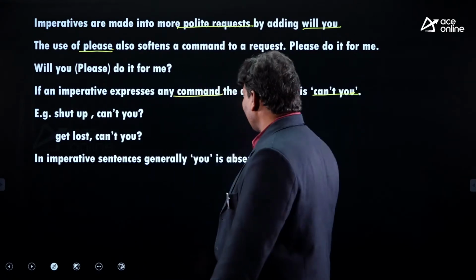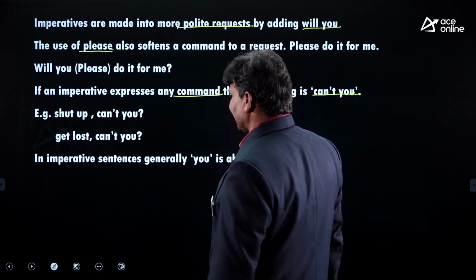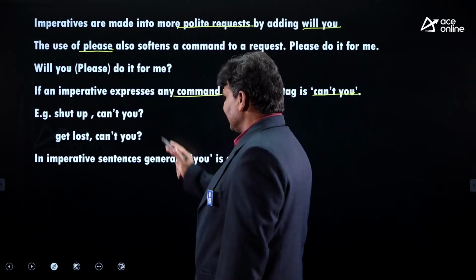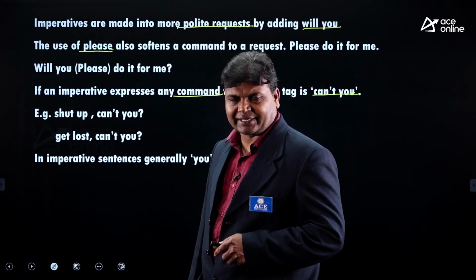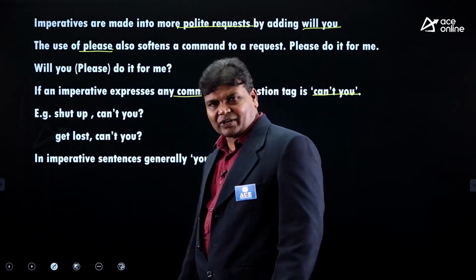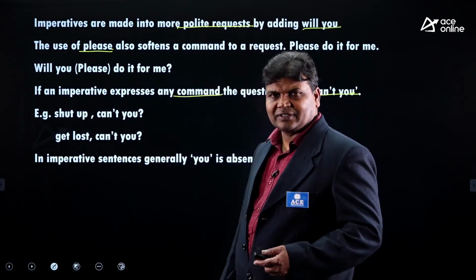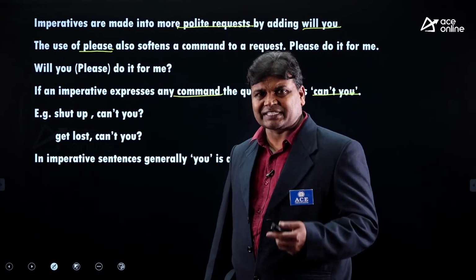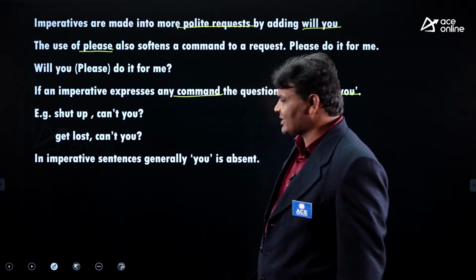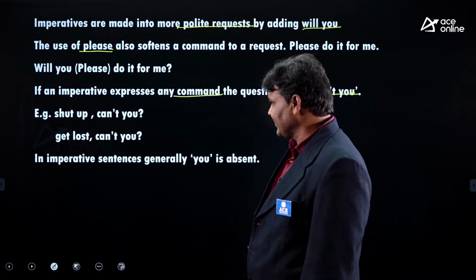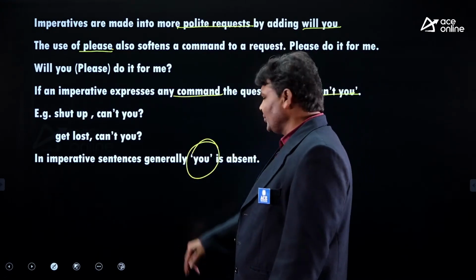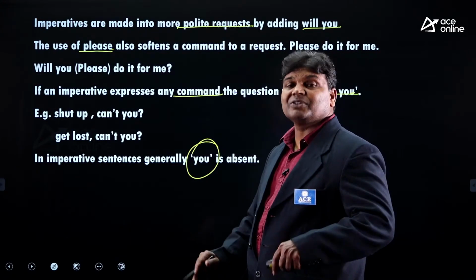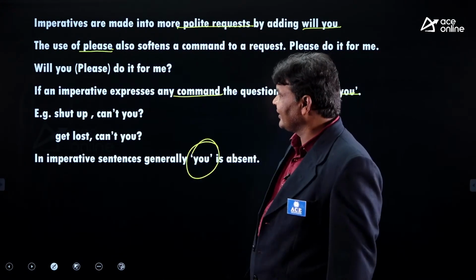Expressing anger. So therefore, for a command, the question tag is can't you. Example: shut up, can't you? Sir, how? Can't you shut up and go out from my side? Can't you get lost? Get lost. So if you sense it is a command, then you have to understand that the tag is can't, students.